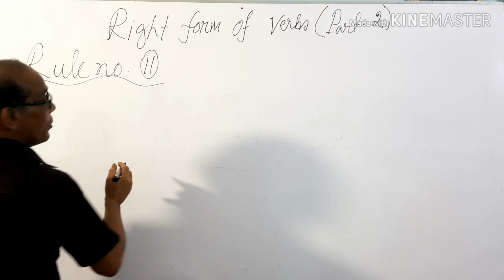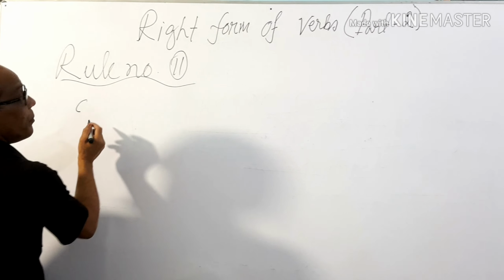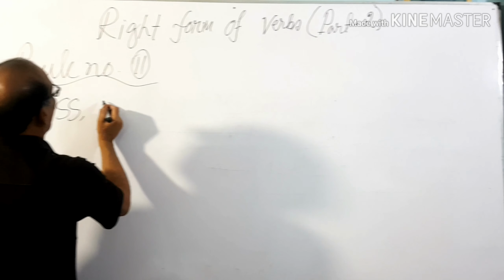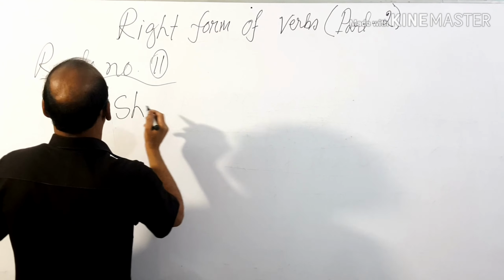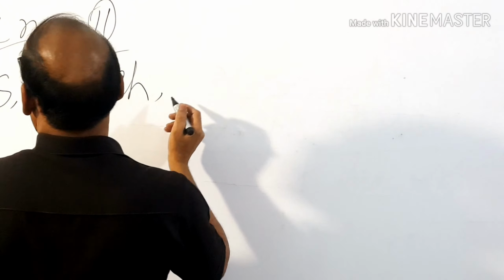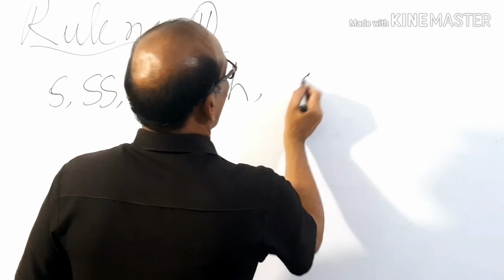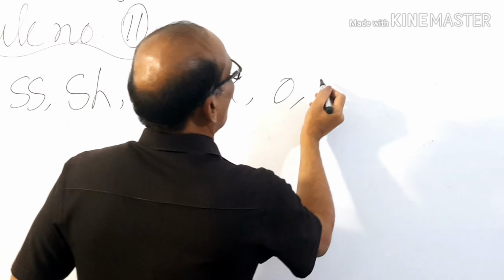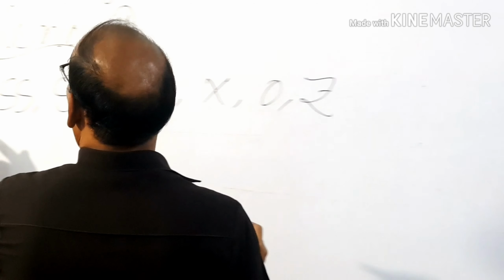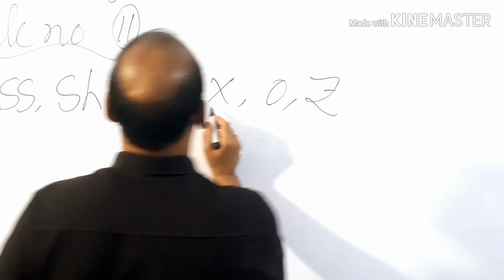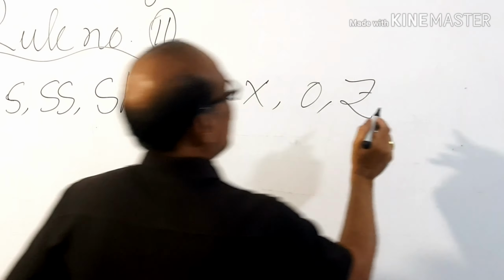Firstly, if we find any verb ending in S, double S, SH, CH, X, O, Z, 1, 2, 3, 4, 5, 6, 7. Yes, 7.